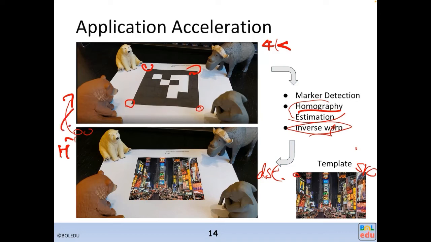Homography estimation is the calculation of the matrix itself. In this lab, we assume that we have already gotten the matrix, and because the image size is very large, it's 4K, we only accelerate the inverse warping part. It is a per-pixel matrix multiplication problem.